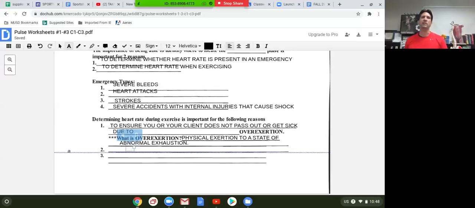So they need to be paced at a slower pace in order to allow the fitness training to be effective and not get them winded and sick within the first few minutes of the exercise, where now the whole session of training is basically trashed because the coach could not properly assess the athletes, and it's all done with taking pulse, right? So taking pulse is really important to be able to know whether you are ready for that pace of running.